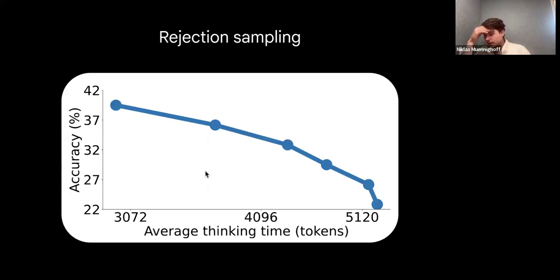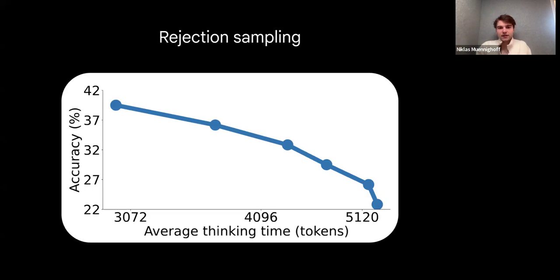Great. This is interesting, I think. If you rejection sample, then you actually get negative test time scaling. What's happening here is, again, we have accuracy on the y-axis, so performance on AIME or something, and then thinking time on the x-axis. If you sample until a model has a certain length, then you get a negative scaling trend.